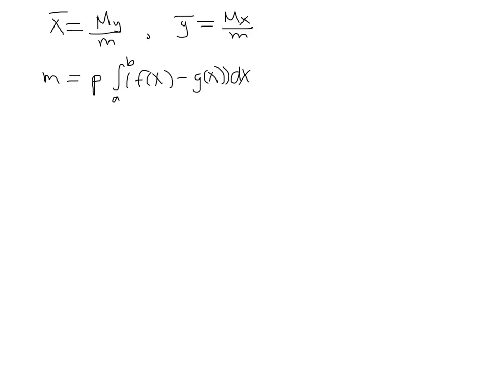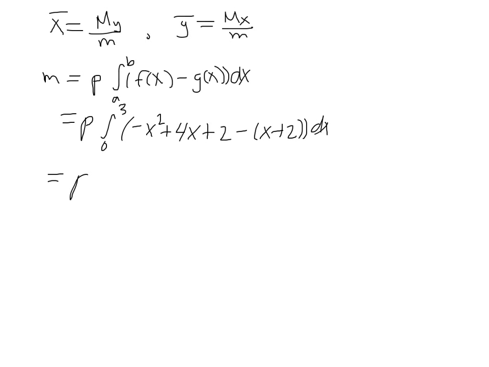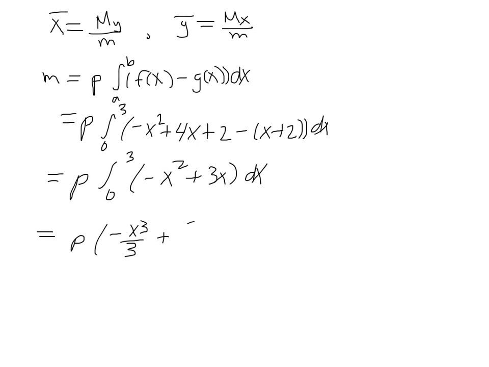For our particular case, we have rho times the integral from 0 to 3 of negative x squared plus 4x plus 2 minus the quantity x plus 2 dx, or rho times the integral from 0 to 3 of negative x squared plus 3x dx. That is rho times negative x cubed over 3 plus 3x squared over 2, evaluated from 0 to 3, which works out to be 9/2 rho.